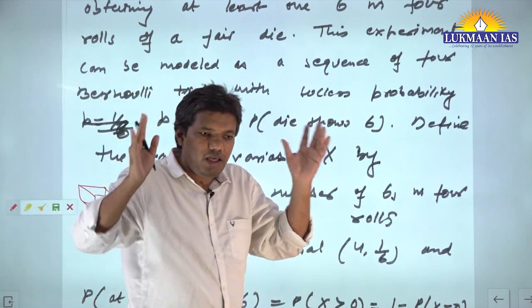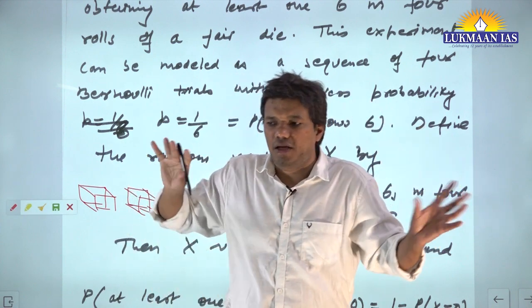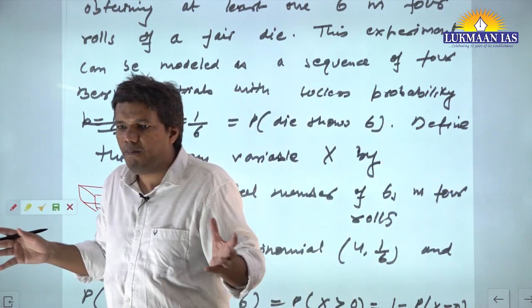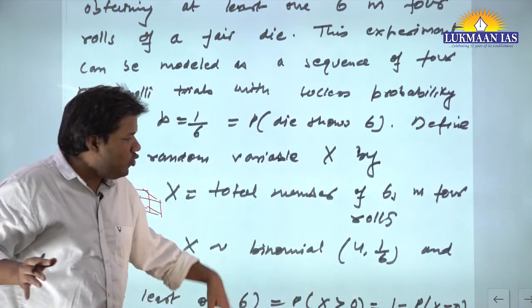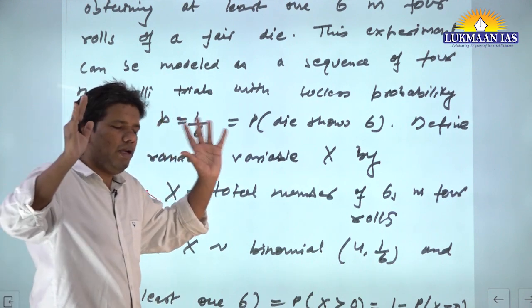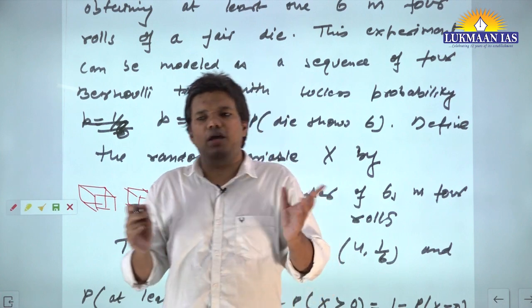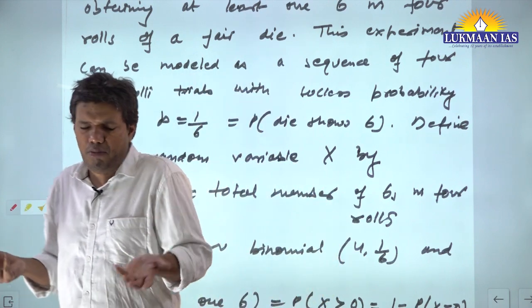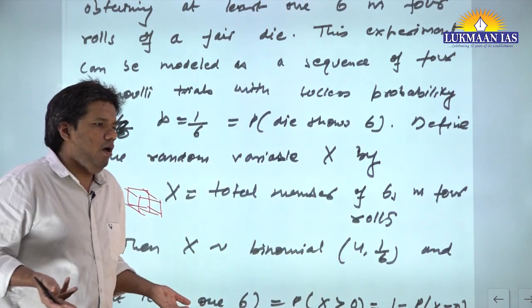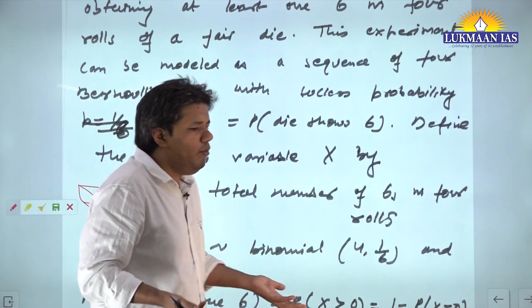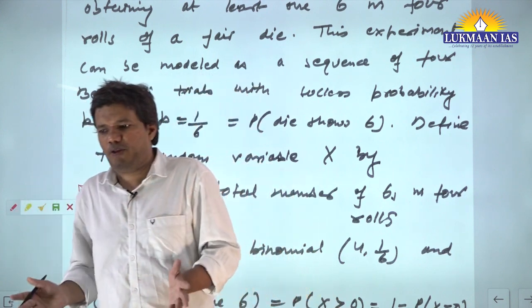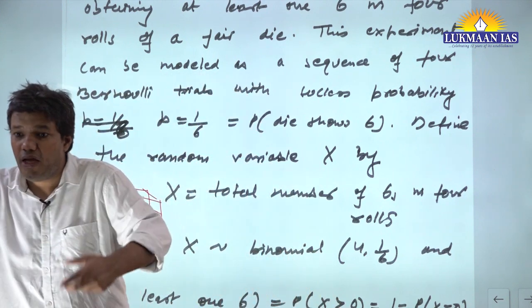So you have to think whether the probability was higher in the first case, or is higher in this case, or whether it is the same. Do not go into mathematics. Just think like a normal person: the first time I rolled a die, out of 6, in 4 chances I'm looking for at least one 6. In the second experiment, I'm rolling 2 dice 24 times.